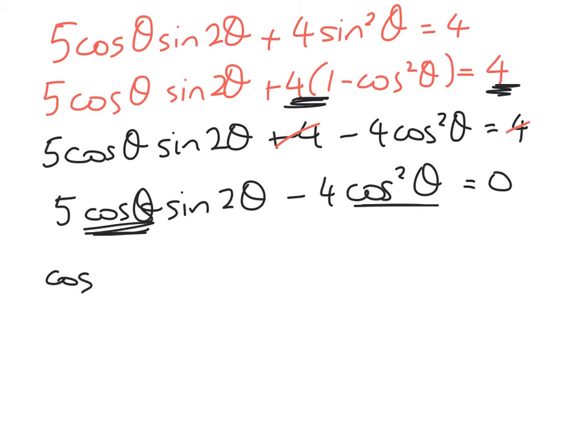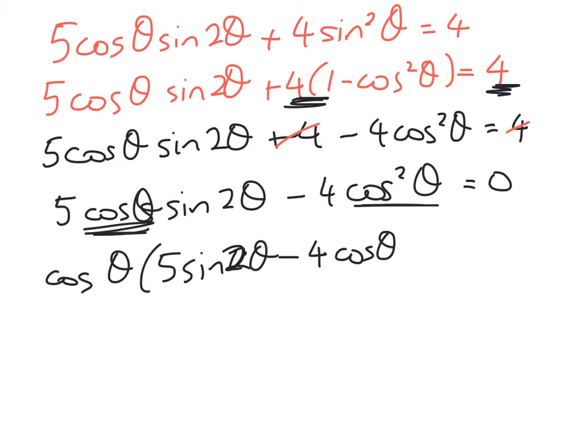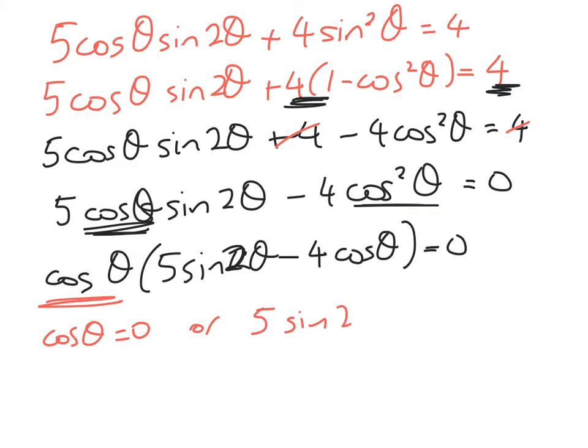So we'll take that out and we get cos theta times (5 sine 2 theta minus 4 cos theta) equals 0. So this equation is going to be true when cos theta equals 0 or when 5 sine 2 theta minus 4 cos theta equals 0.